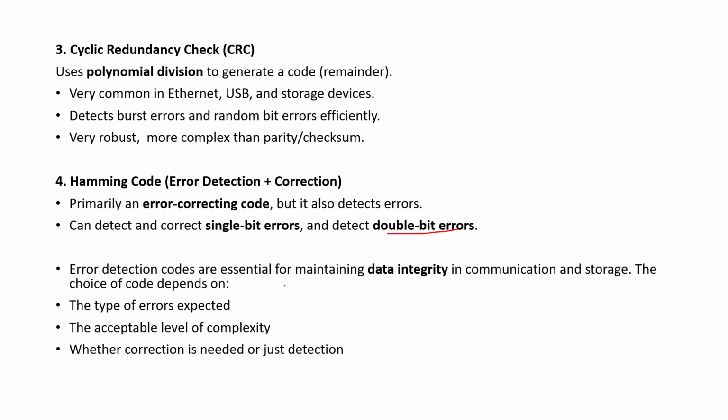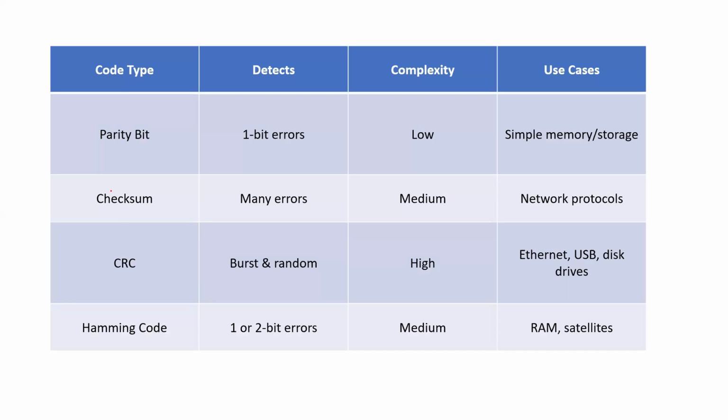Error detection codes are essential for maintaining data integrity in communication and storage. Here are the types of errors they handle, and the acceptable level of complexity, and whether correction is needed or just detection is enough. Parity bit: one bit error, low complexity, simple memory or storage.